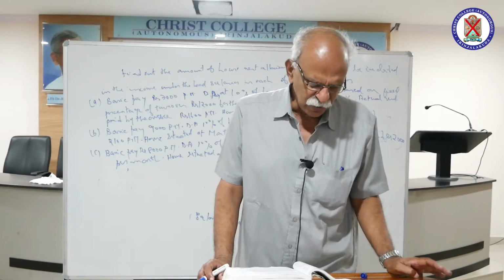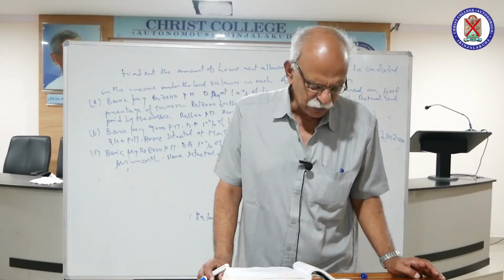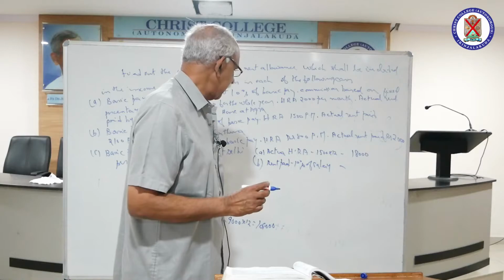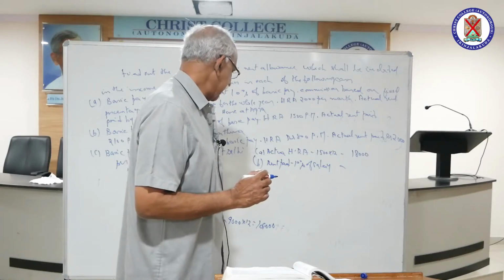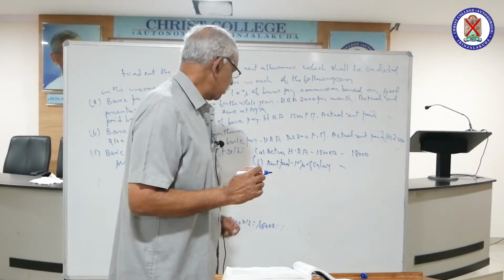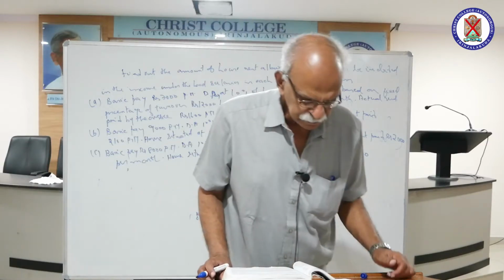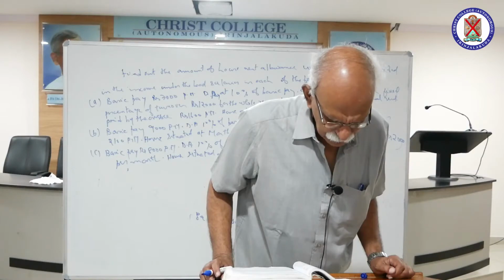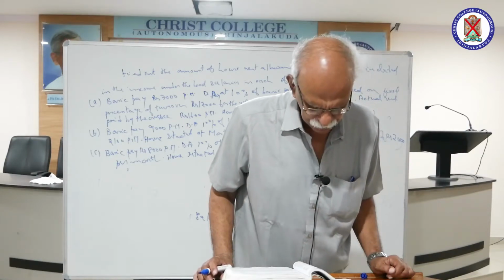Then there is no commission on turnover. So salary for the purpose of HRA is 1,08,000. Rent paid is 2,100 per month.